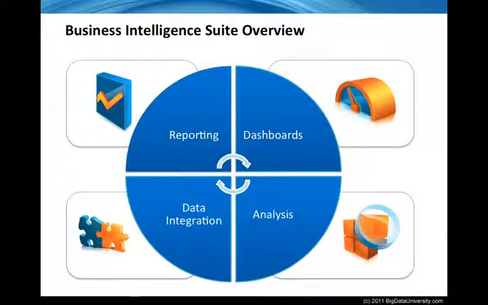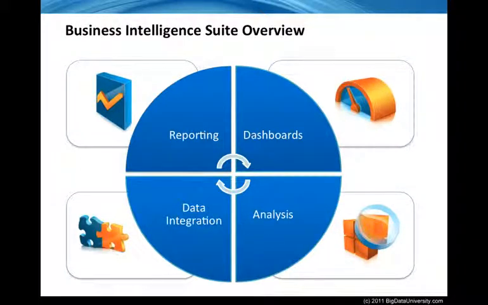Let's review for a moment what a Business Intelligence Suite typically comprises. This will provide some context for our upcoming lessons. The capabilities of a BI suite include reporting, which is designing interactive, pixel-perfect, and/or ad hoc reports for the web, the printer, or even mobile devices. Dashboards, where you would build multi-report displays with internal or external data for executives and knowledge workers.